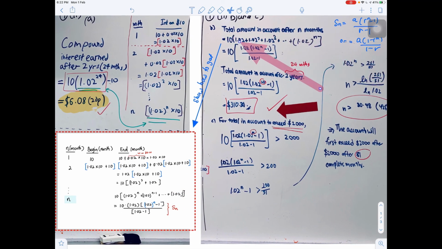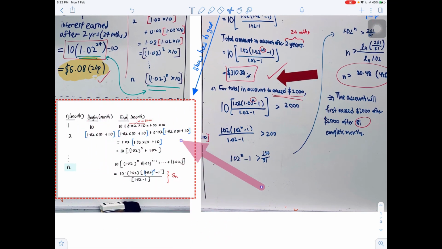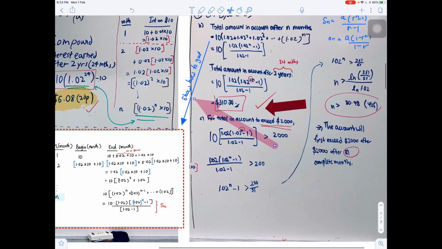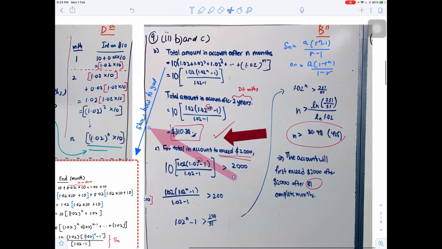Now that we have established this series, we can use the GP formula. The first term is 1.02, the common ratio is 1.02, so we get 1.02 times (1.02 to the power of n minus 1) divided by (1.02 minus 1). This part needs to be shown, so that you can show that the sum of the savings after n months is indeed given by this series.